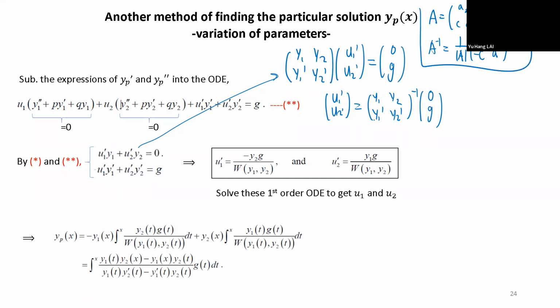So this inverse is 1 divided by the determinant of this matrix. And the determinant of this matrix, we had a name for it, which is called the Wronskian. That's what we had from last time. So the Wronskian, times this matrix.